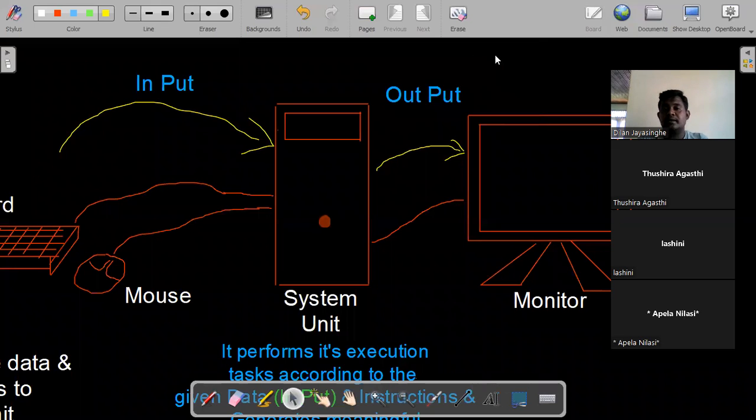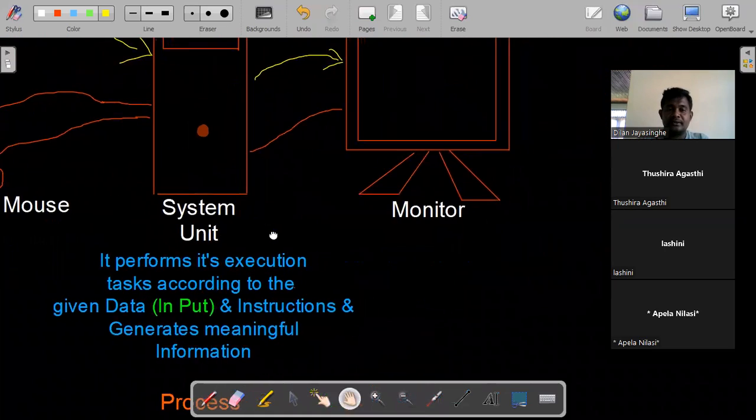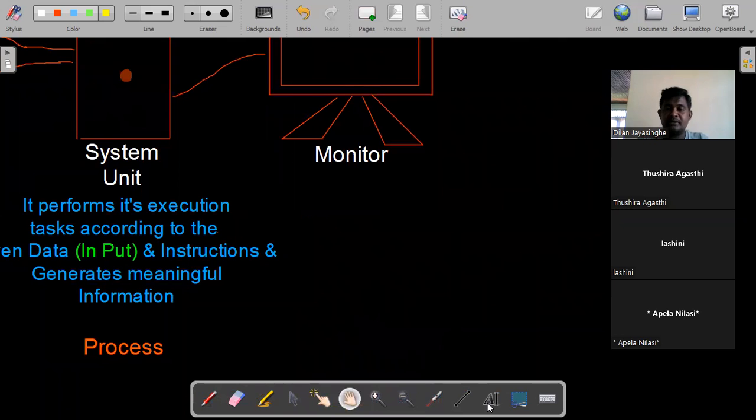Right? Here we discussed the working process of the computer. Then, wait a minute.